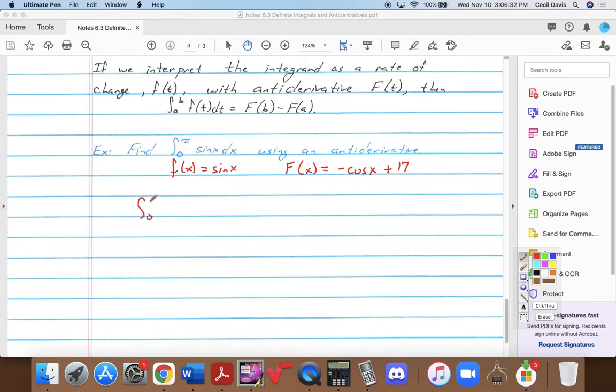The integral from 0 to pi of sine of x dx then is going to be capital F at pi minus capital F at 0. So that will be the opposite of the cosine at pi, plus 17, minus the opposite of the cosine at 0, plus 17.